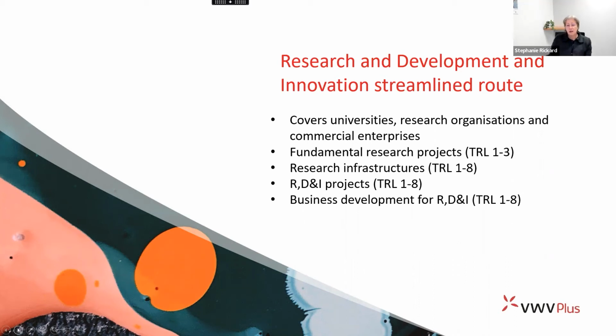The other area which has been changed quite a lot is in relation to business development for RD and I. Now, where the streamlined route covers business development linked to research, development and innovation, it is very widely drafted.